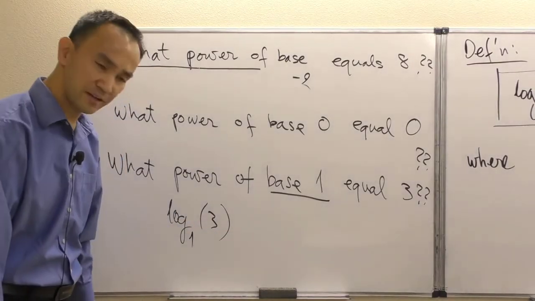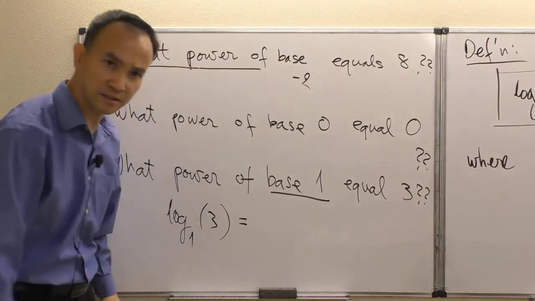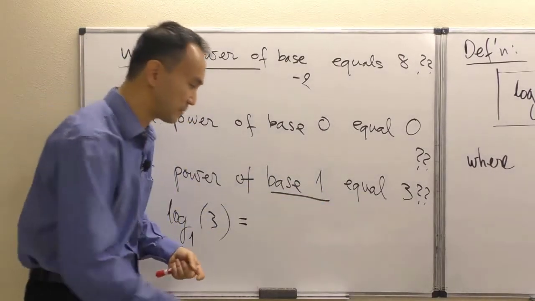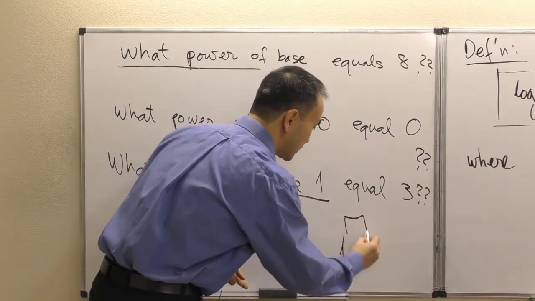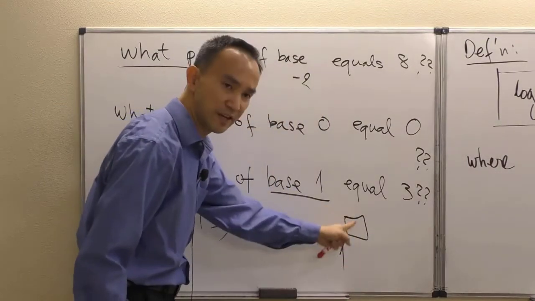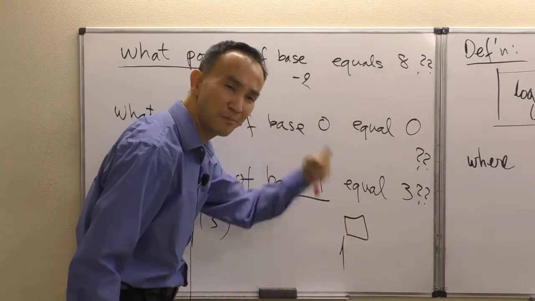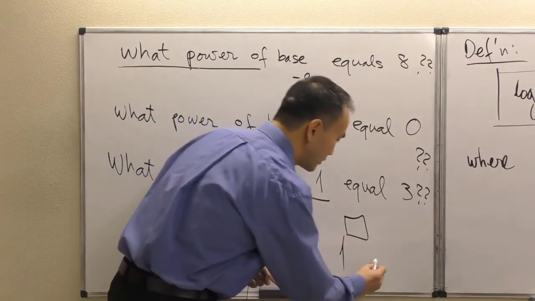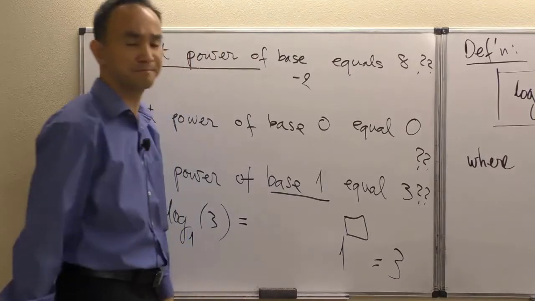But what's the answer? We're going to bring in our thought process like before. Base 1 raised to what power? I'm going to leave an empty box right here. Hopefully our mind can start telling us, what number can we fill in here to equal 3?